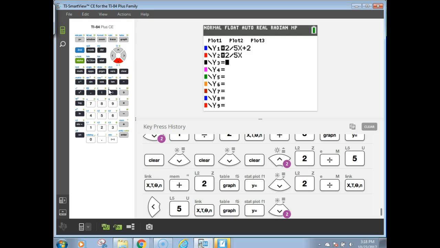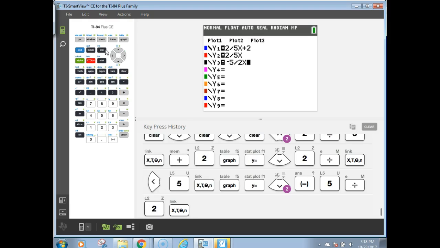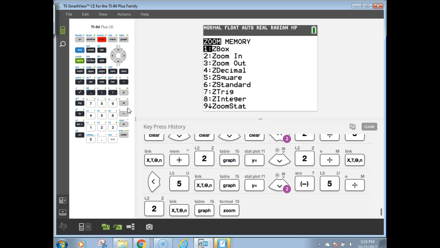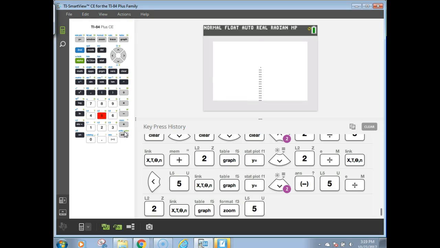The third line, negative 5/2 x, should go the other direction and go through (0, 0), running into the red line and the other line at 90 degrees. You go back to zoom 5 if you want to square it up. And there you can see the right angles.